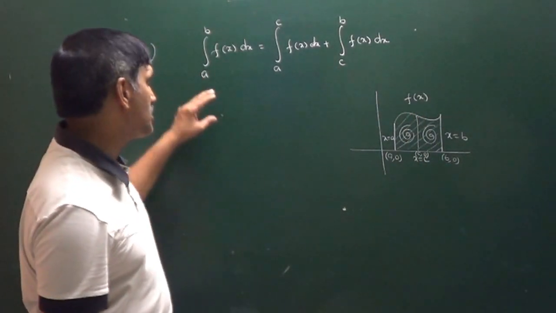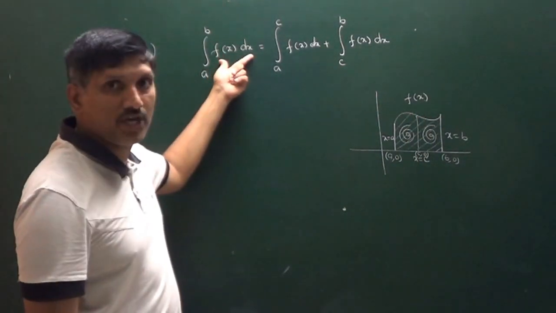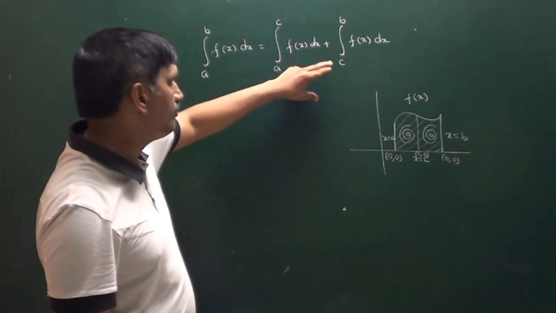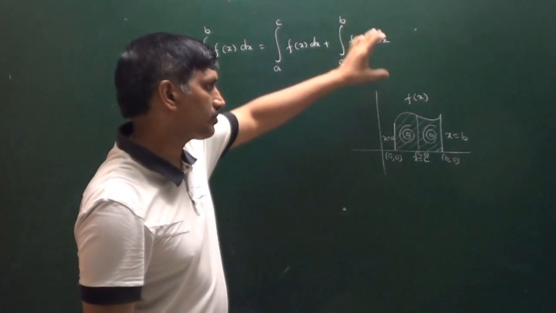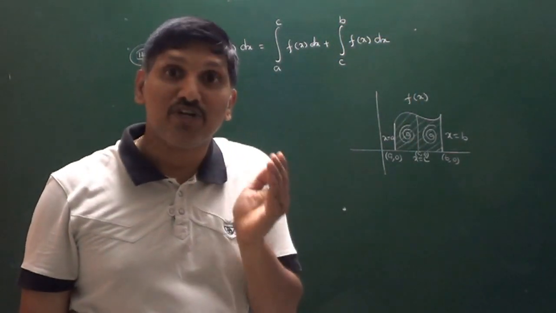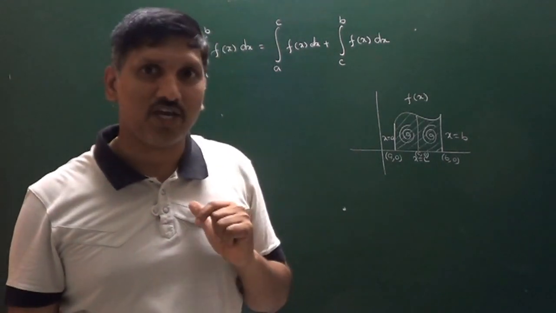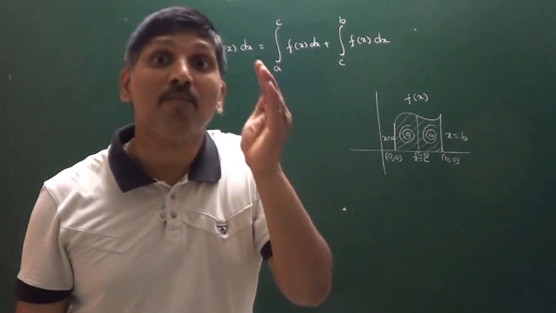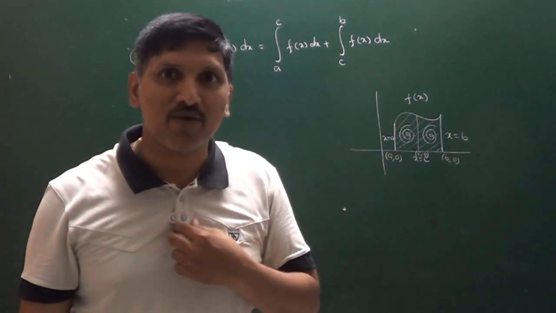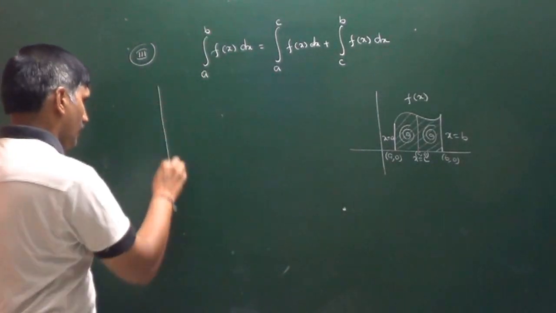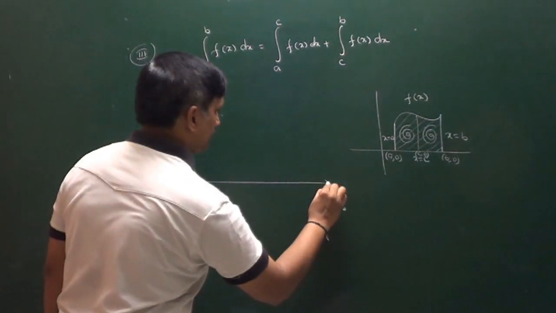So that's why integral a to b f of x dx can be written as integral a to c f of x dx plus integral c to b f of x dx. Sir, okay, if c is between a comma b, it is okay. But you are saying that c may or may not lie between a comma b, so how will it be? Observe here, this is the discussion here.